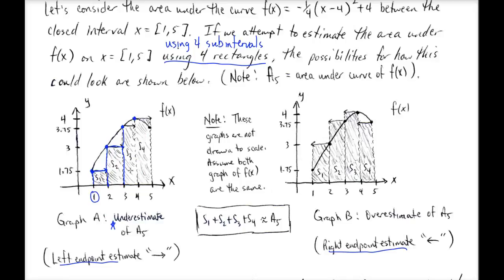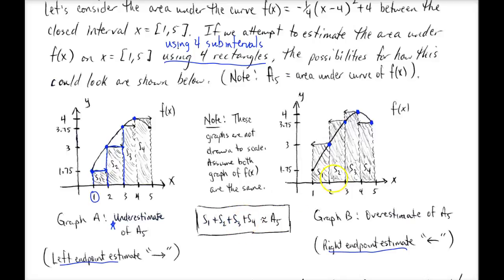I do the same thing for the right endpoint estimate, but instead of using the left upper corner to define the height of the rectangle, I use the right. What makes it different here is the values of x that I start and end with.